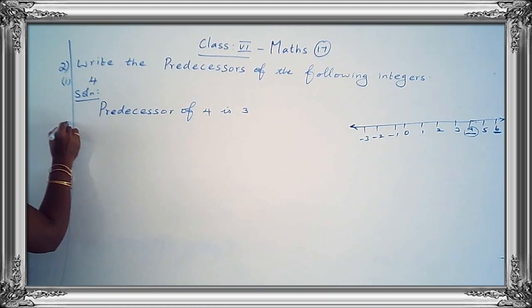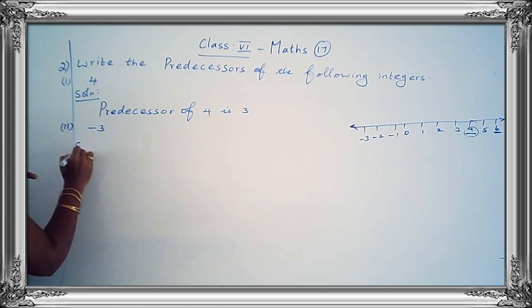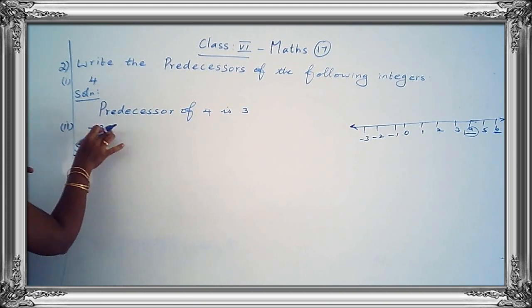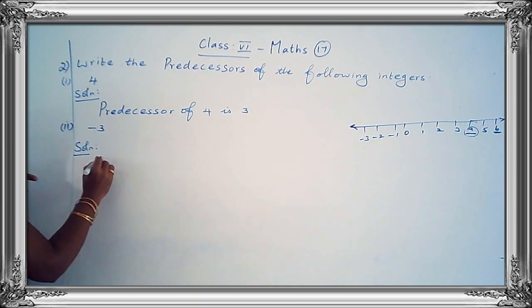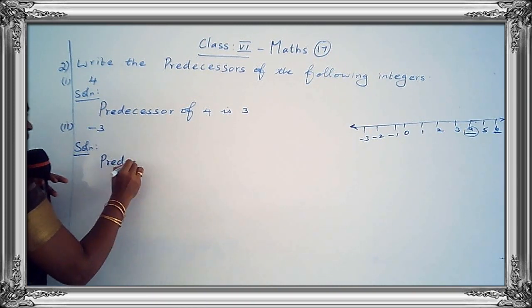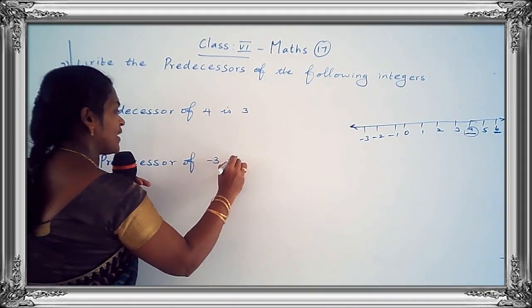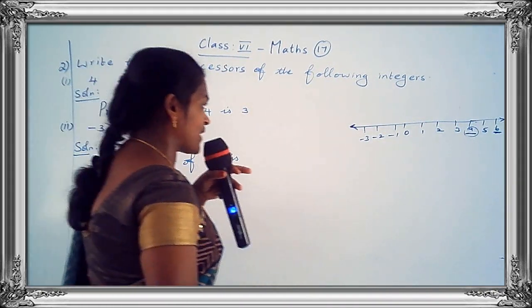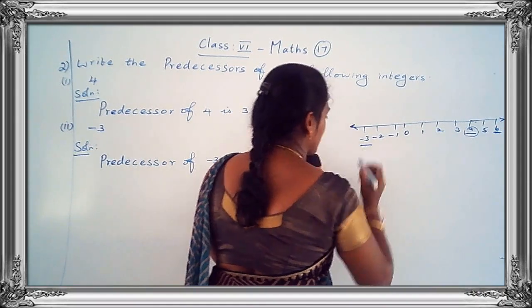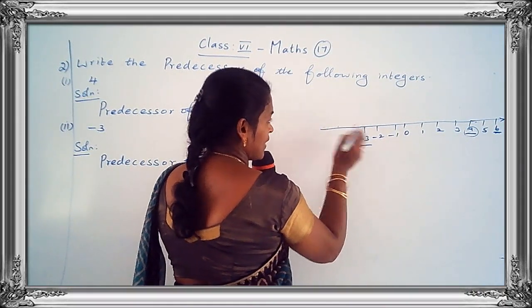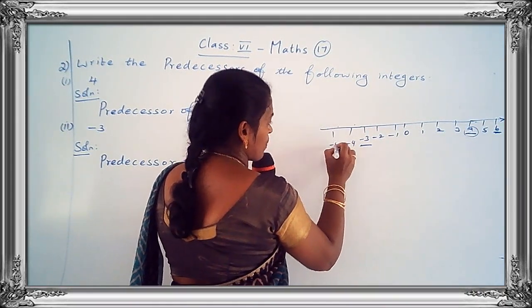The next question, -3. Predecessor of -3. Where is -3? Here. So the left side here, okay? So here -4, -5 is there.